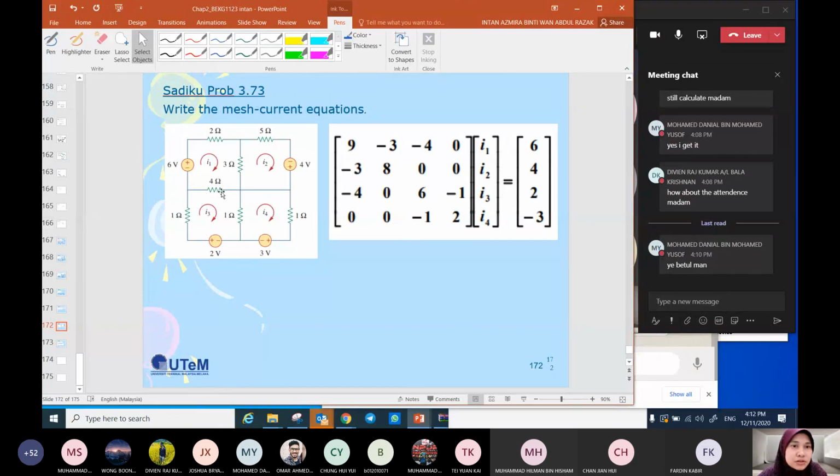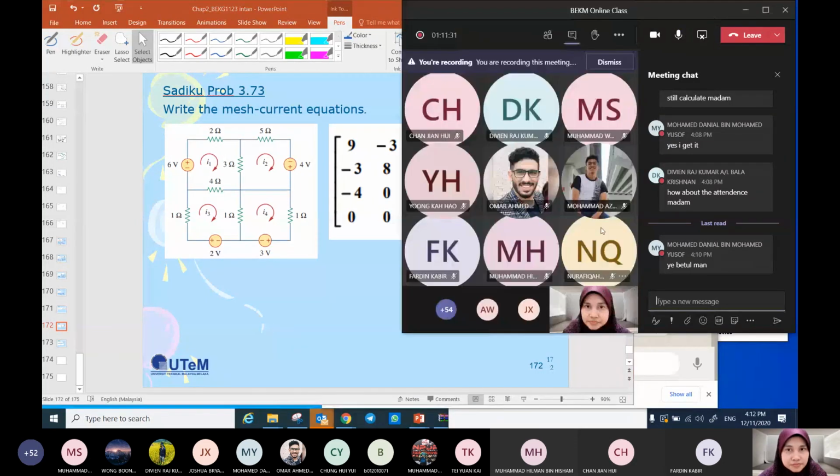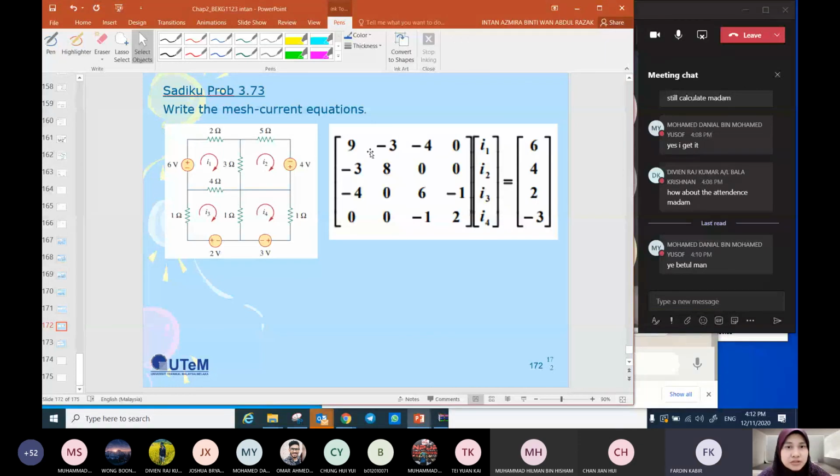So in loop 1, how many resistors? 3, madam. 3. I mean the resistance value in loop 1? 9. So 9 I1, this is I1, minus 3 I2 minus 4 I3.